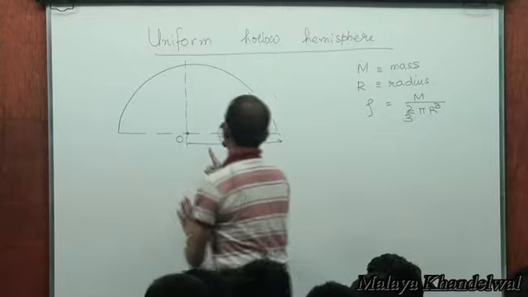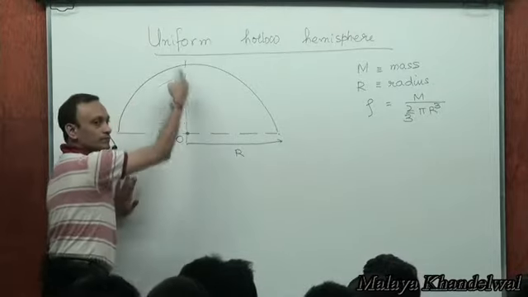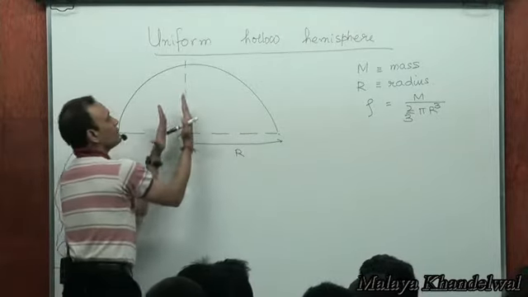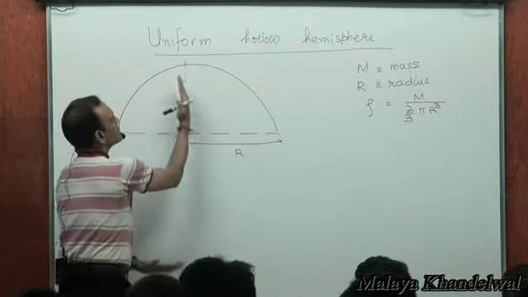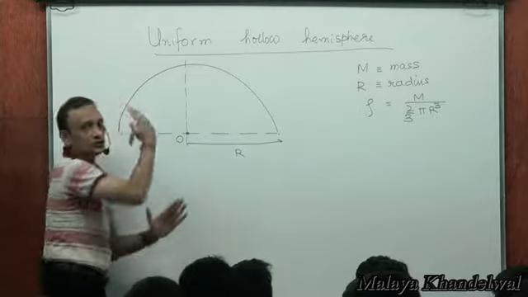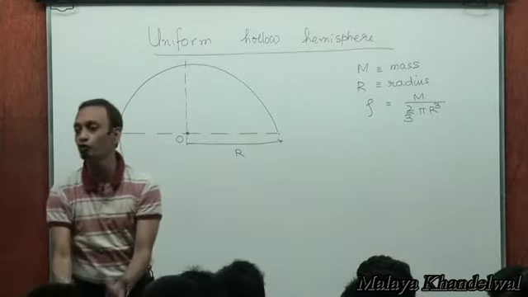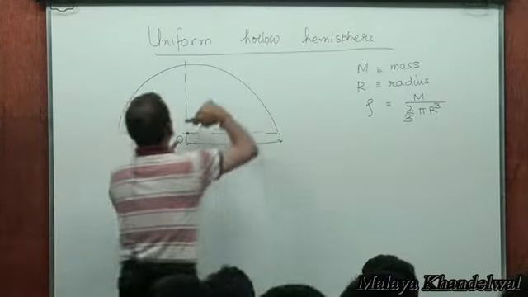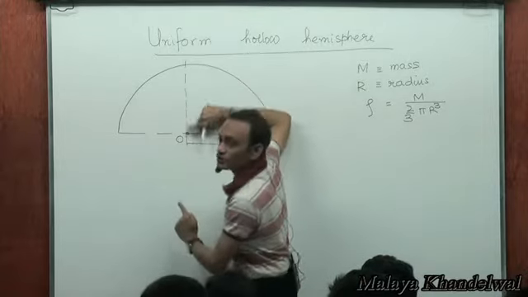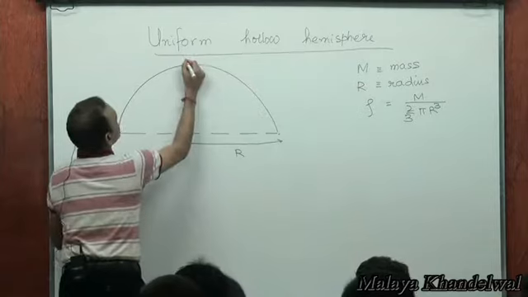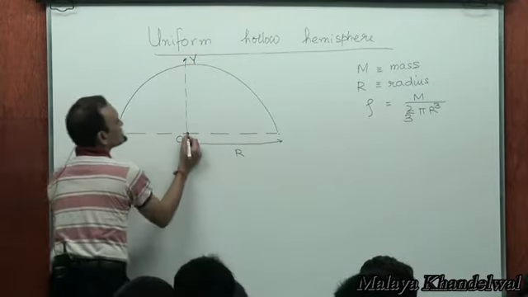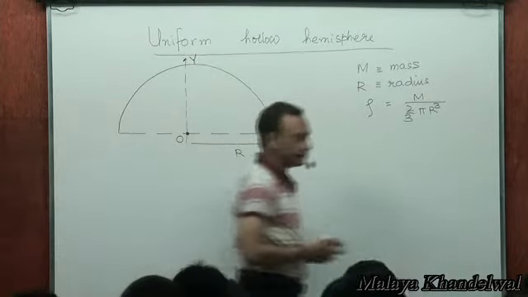One thing for sure, if this is the line of symmetry, then the mass distribution you find to the right of this line is the mass distribution you find to the left of this line. And therefore, owing to symmetry considerations, the center of mass must lie on this line. We might choose to call this the y direction and this the origin, right?